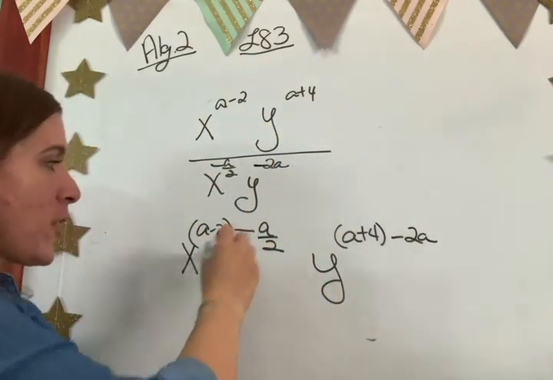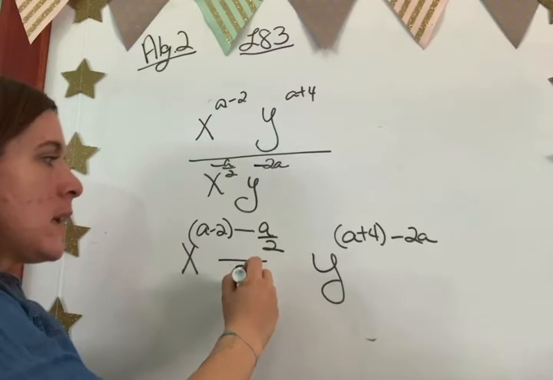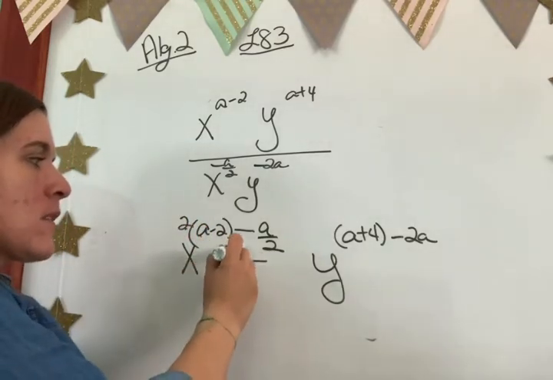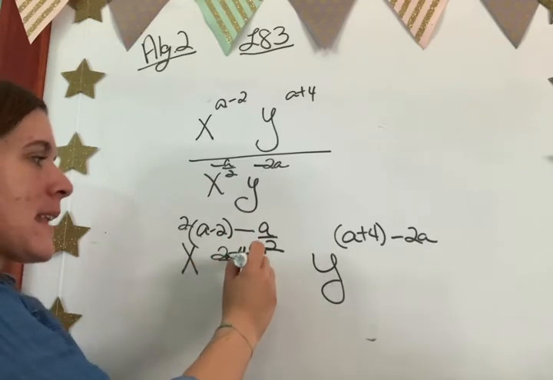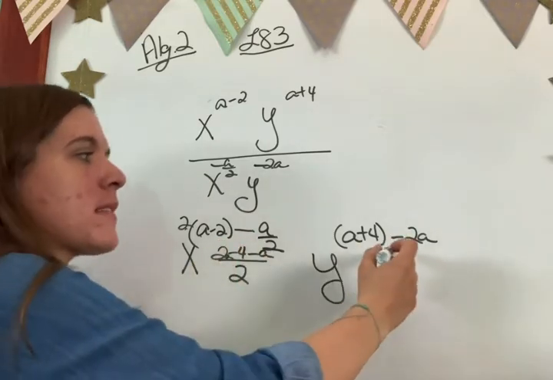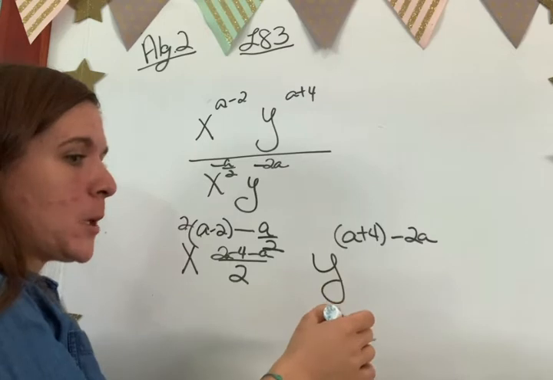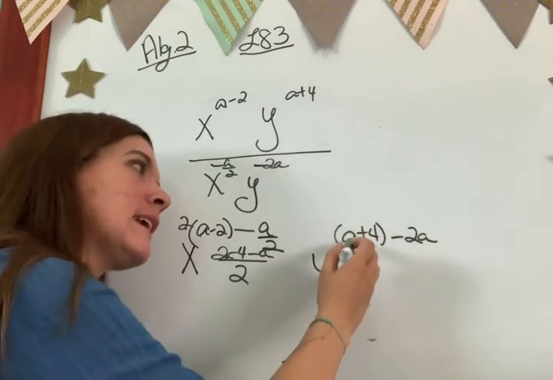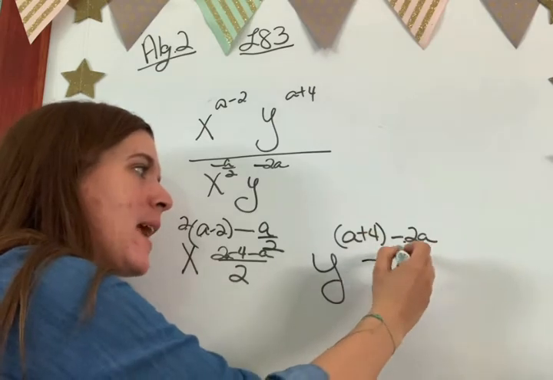So here we go, let's find our common denominator, which is 2 again. You're going to multiply by 2 here: 2a minus 4 minus a. And then this one doesn't have a common denominator to find, so we're just going to add and subtract: a minus 2a is negative a, plus 4.